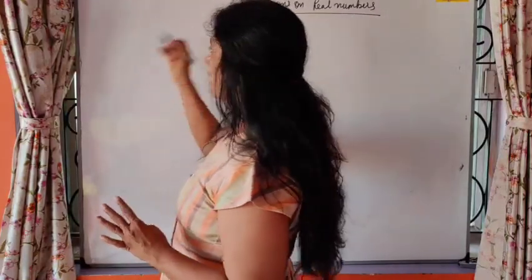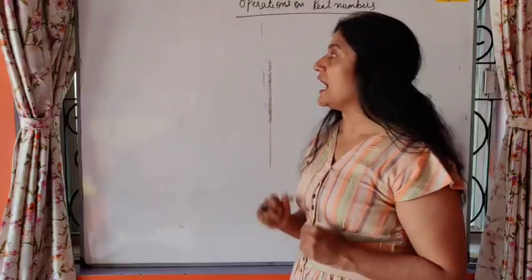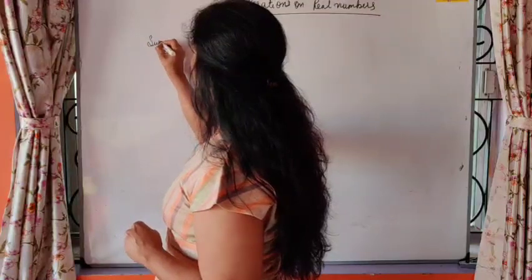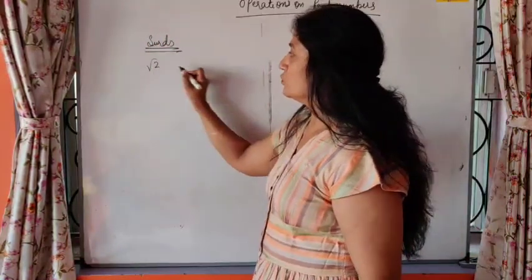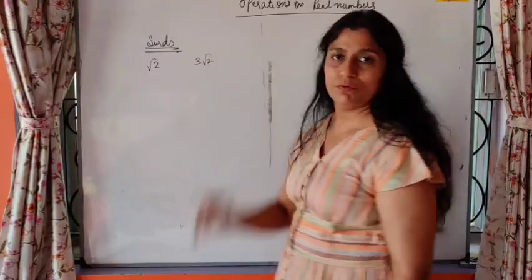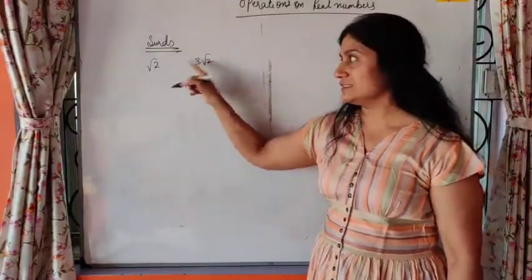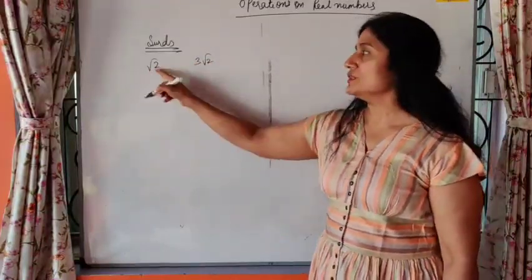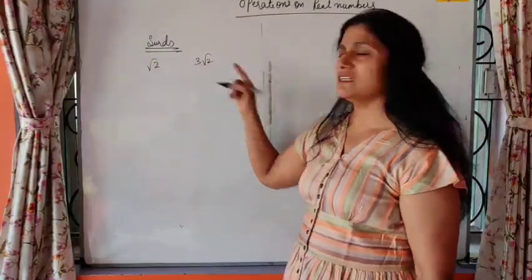Any irrational and rational number, or two irrational numbers, if they multiply or add, what happens is, firstly, for surds, root 2 and 3 root 2, we say they are like surds. Why like surds? Because inside the root, the same number is written. Root 2 means 1 root 2 and this is 3 root 2.